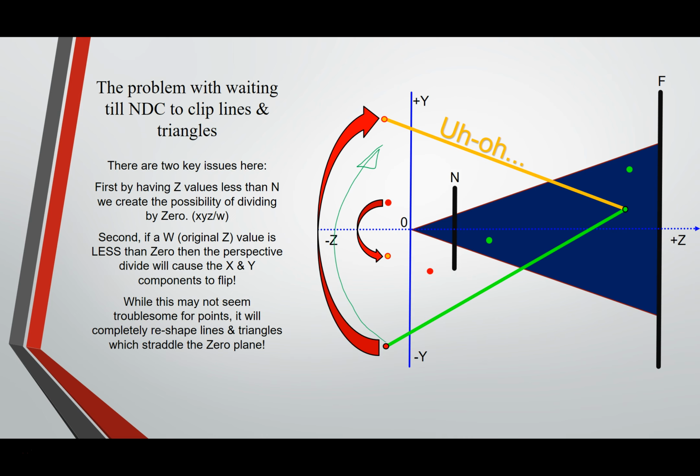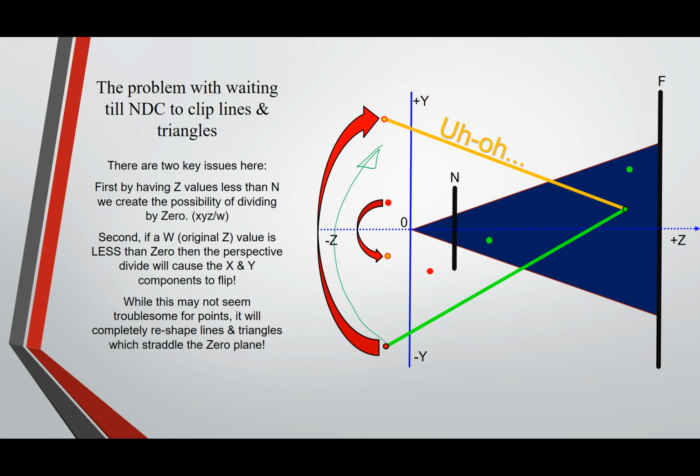So if you wait till NDC when you're dealing with lines or triangles, and those lines or triangles happen to cross the zero boundary or the zero plane, yeah, you're going to have some interesting visual problems that occur. So that's troublesome. That's something we have to consider.